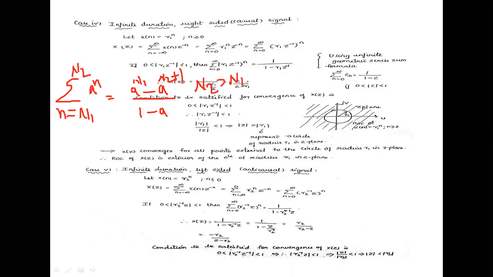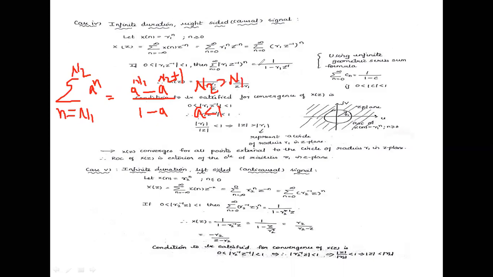Using this relation, my dear students, the sum from n equal to n1 to n2 of a power n, once again I am saying, we already know it is (a power n1 minus a power n2 plus 1) by (1 minus a), and here one condition is there: n2 is greater than n1 and the magnitude of a is less than 1.